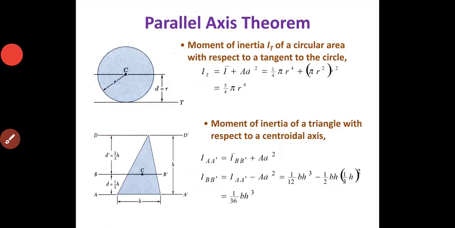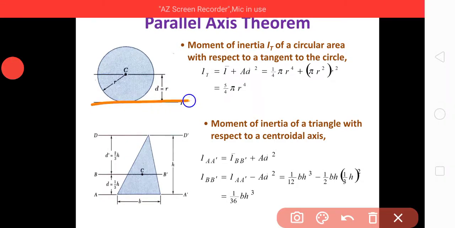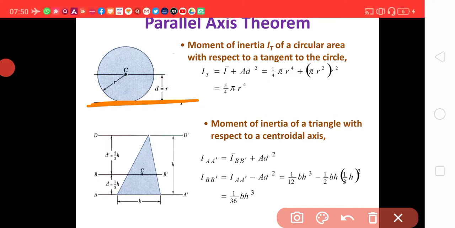Now it comes to the parallel axis theorem. The moment of inertia is to be found about this axis. This is the t axis, taken here. The moment of inertia It of a circular area with respect to the tangent to the circle. Then again apply the principle, that is the parallel axis theorem.